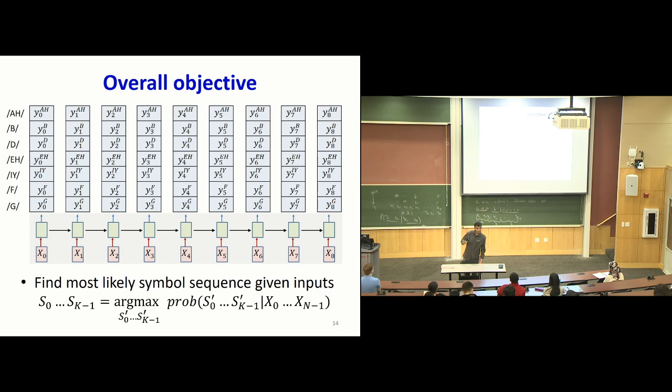We'll see how we can actually do it later in class. Instead, what we can do is to produce the aligned symbol sequence, which is most likely. Now, the difference between the aligned symbol sequence and the raw symbol sequence is that the raw symbol sequence is ABC. The aligned symbol sequence includes all of these repetitions. Right? And so I'm going to try to find the aligned symbol sequence that is most likely.